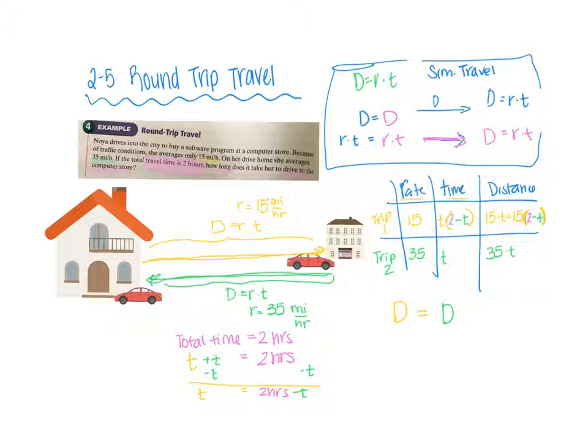Okay, now what do I know about my d's? Well, if I come back up here, I know that my distance that's yellow is in this box right here. Remember, distance is always rate times time, and my rate is 15, and I'm multiplying it by time. And my time I expressed in relationship to my green t.